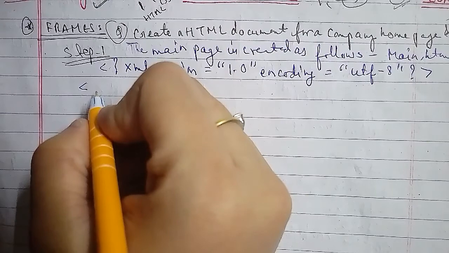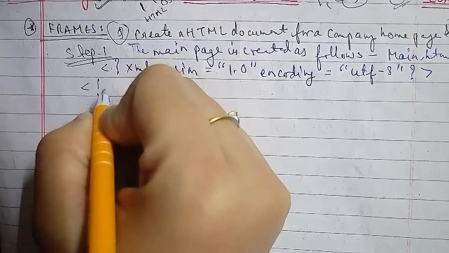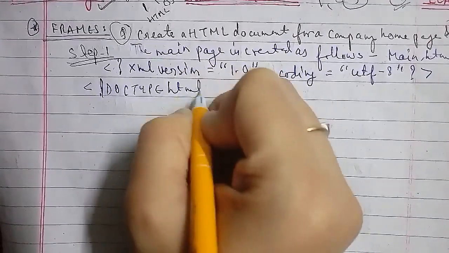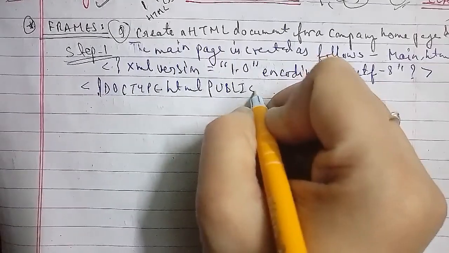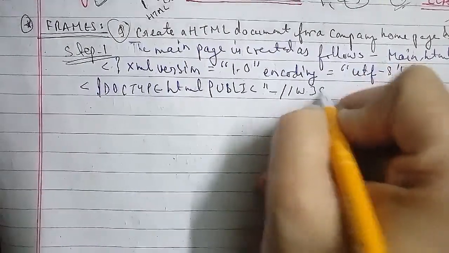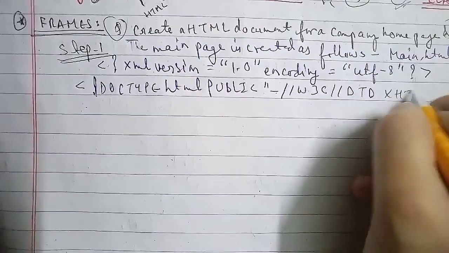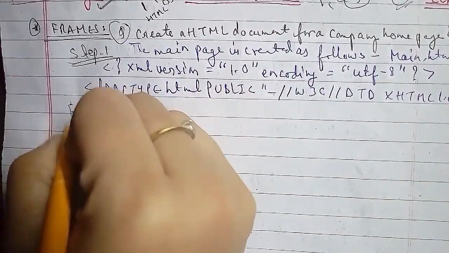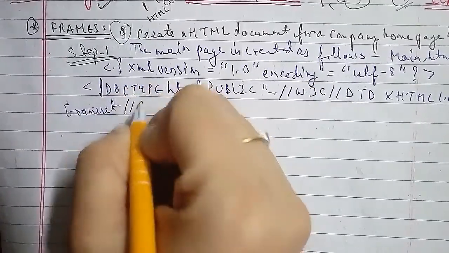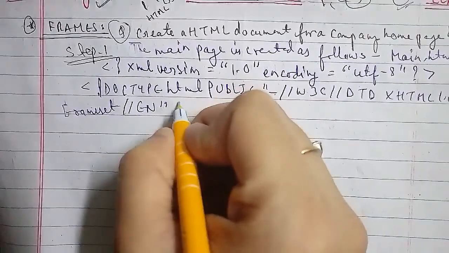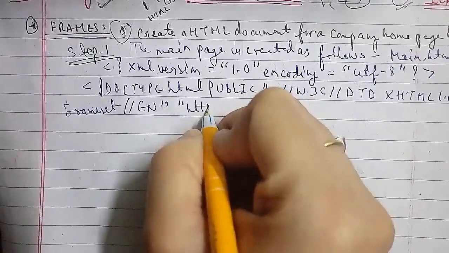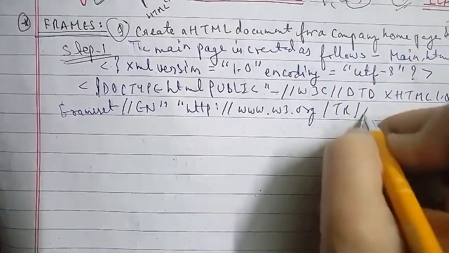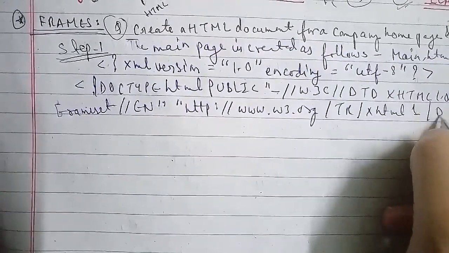Then DOCTYPE HTML PUBLIC "-//W3C//DTD XHTML 1.0 Frameset//EN" "http://www.w3.org/TR/xhtml1/DTD/xhtml1-frameset.dtd".